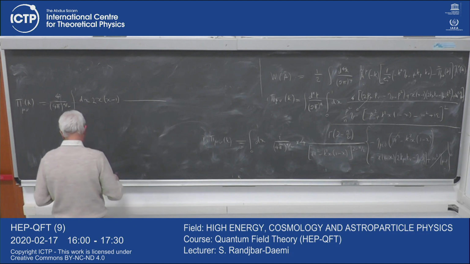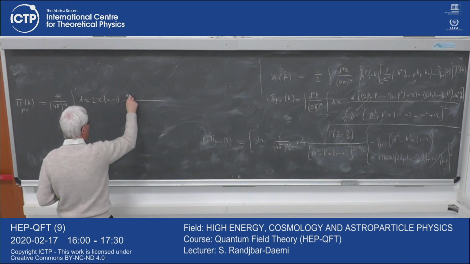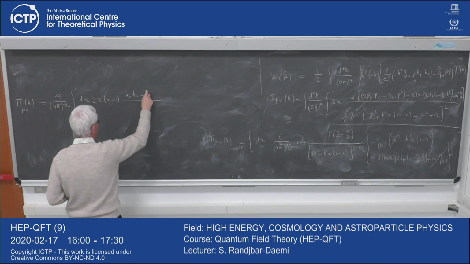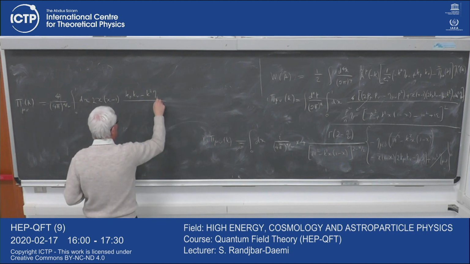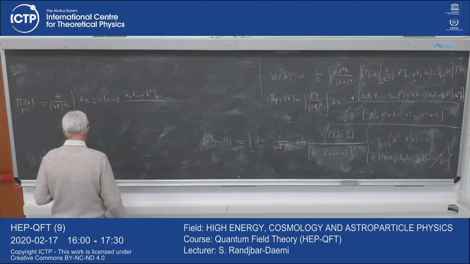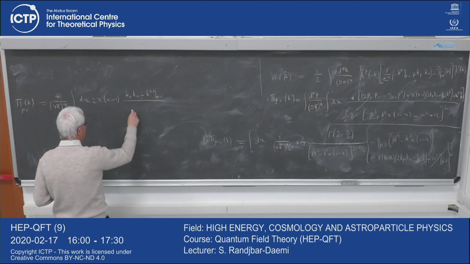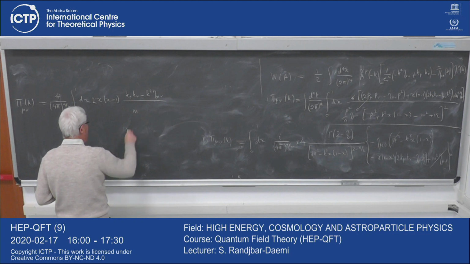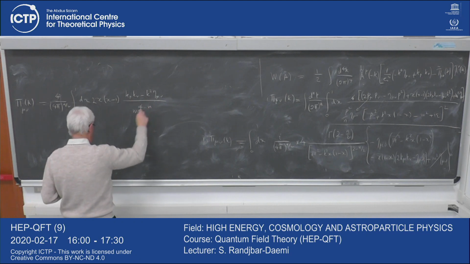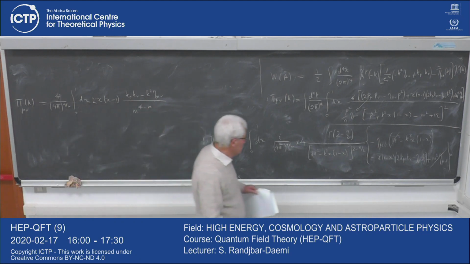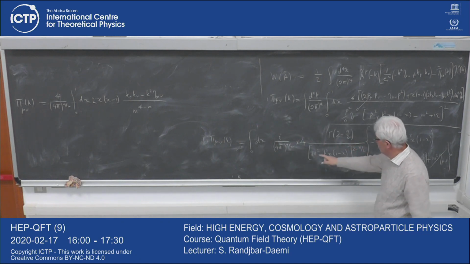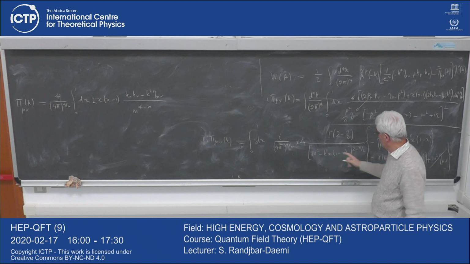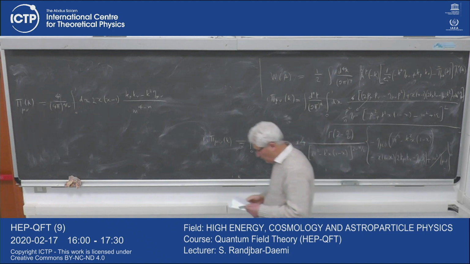Times k mu k nu minus k squared times eta mu nu. I have factored m. In the denominator there's an m squared. If you factor out, it will come out as m to the power 4 minus n.